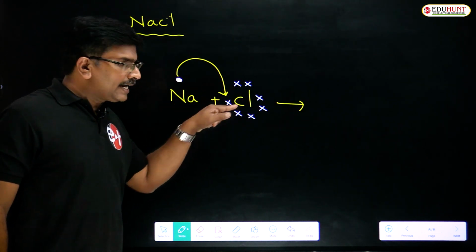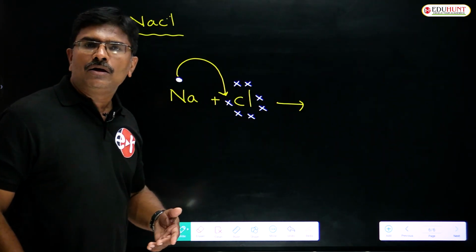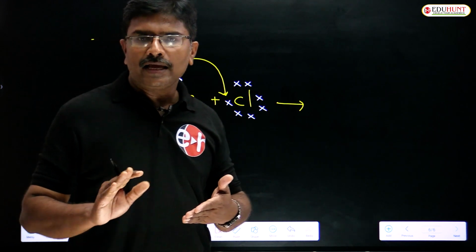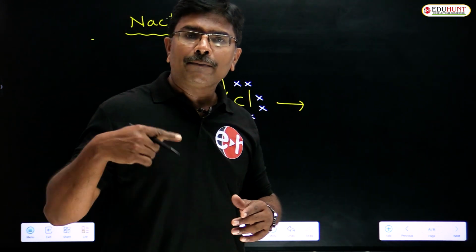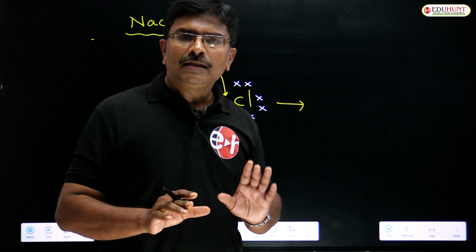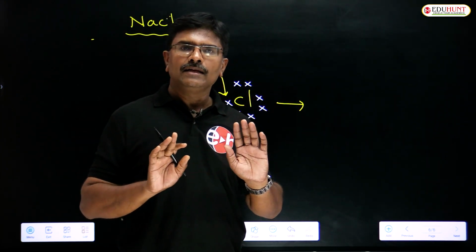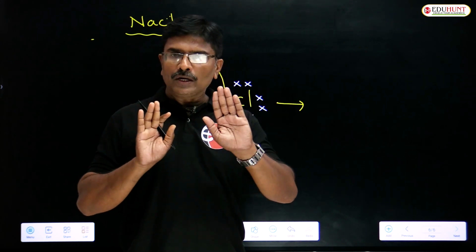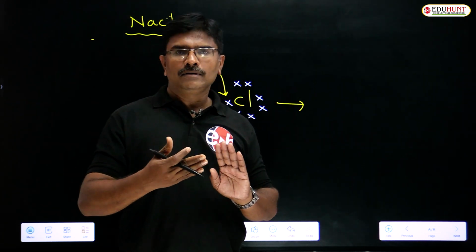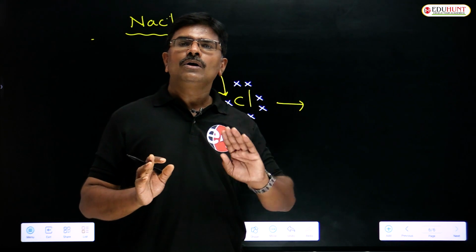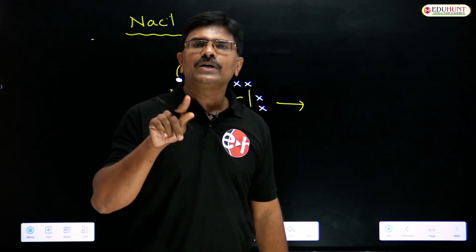If it transfers this electron to the chlorine, what happens? The number of protons remains the same in the nucleus, 11, but the number of electrons now becomes 10. That means 11 protons, 10 electrons, right? That means 1 proton is extra compared to electrons. So sodium acquires the +1 charge.